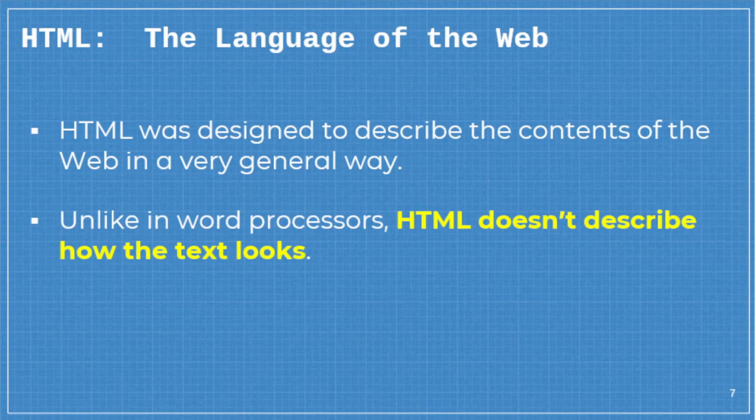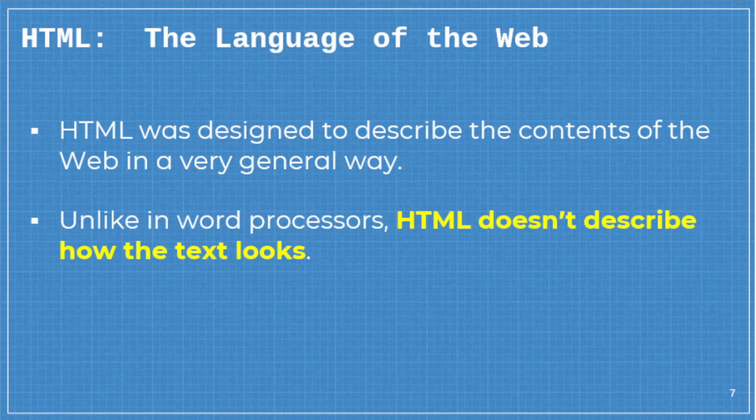Unlike in word processors, HTML doesn't describe how the text looks. When you use a text editor, usually you would start by defining the font that you're going to use, the spacing, the margins, the color of the fonts, the size of the fonts, right?